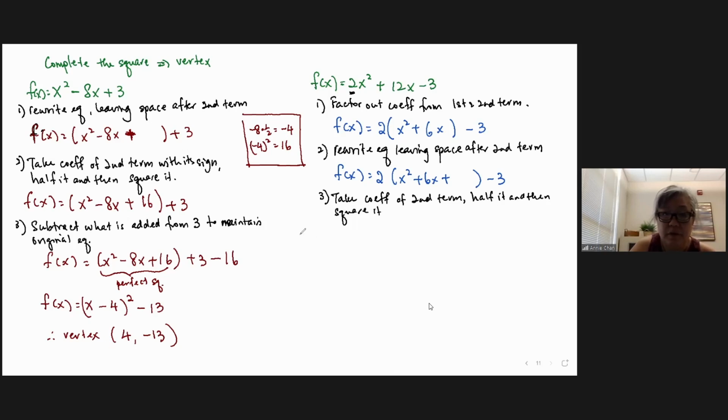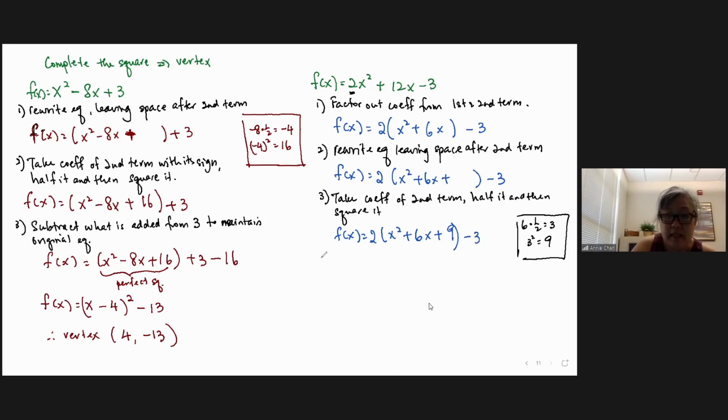If I do it on the side here, that would be 6 times 1/2, that's 3. 3 squared is 9. Okay? So it'll be f of x equals 2 times x squared plus 6x plus 9 minus 3.